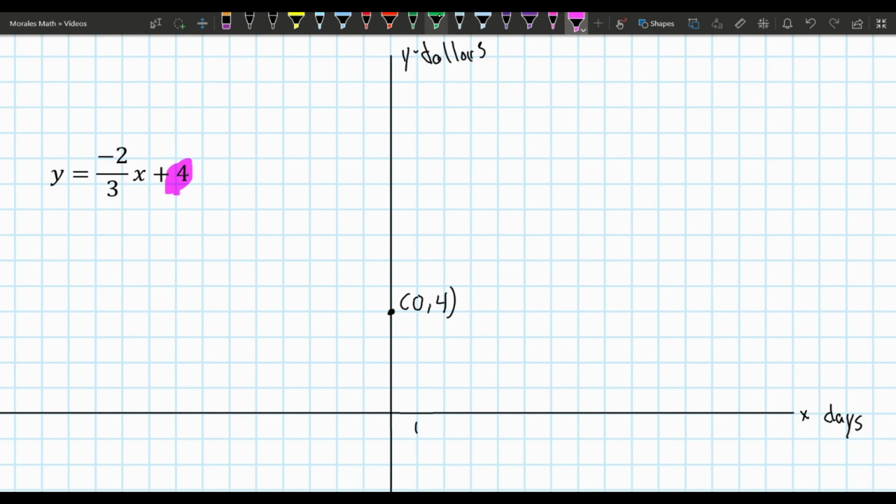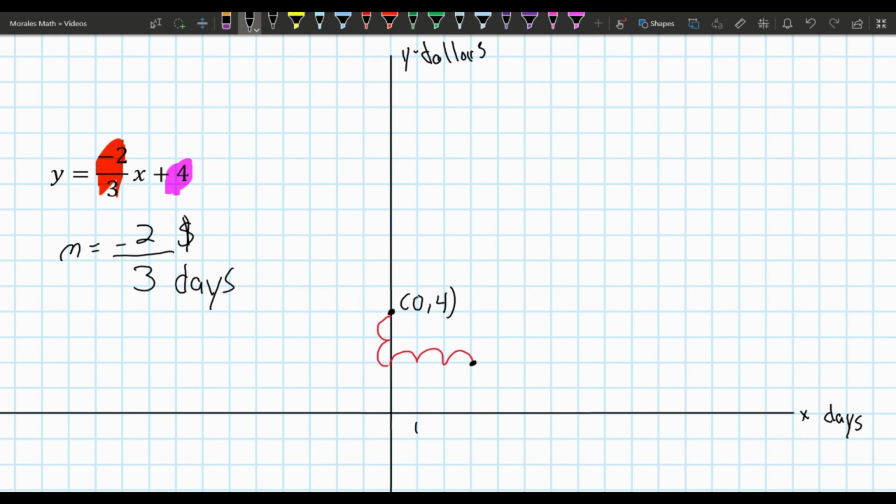This negative slope is telling me that you're losing money. Okay, so let's look at that slope right there. That's m equals -2/3. So that is, I'm losing $2 at a rate of 3 days. Okay, so I go down 2. I go down to $2 over 1, 2, 3 days.